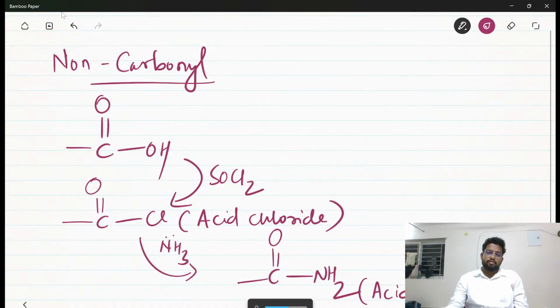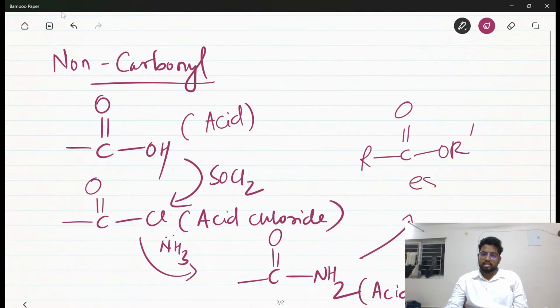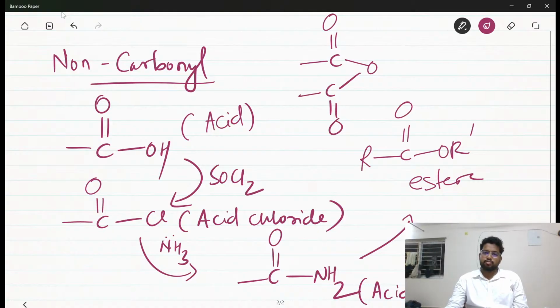Next one is first one is carboxylic acid, monocarboxylic acid especially. Now how to prepare ester? R C double bond O O R prime. This is ester. And then next thing is acid anhydride. Do you remember when we discussed IUPAC naming and functional grouping?